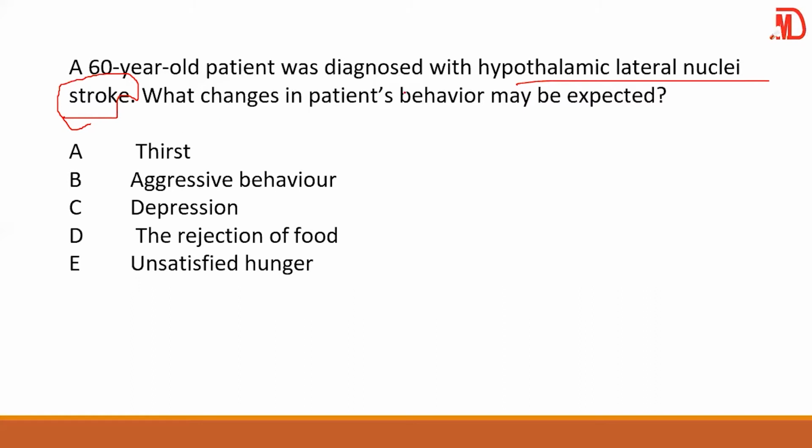So you ask yourself, what is the function of the hypothalamic lateral nuclei, or lateral area? What is the major function of this? When there's a problem over there, what can it lead to?